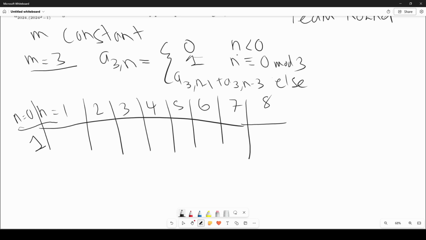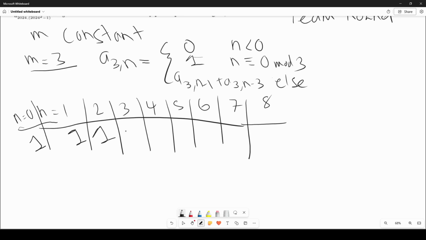But n equals negative 2 is less than 0, so we just get 0. That term cancels out, so we just get a_0, which is 1. Same thing happens for n equals 2. It's equal to a_1, because 2 minus 1 is 1, plus a_{-1}, which is 0, so you just get 1 again.